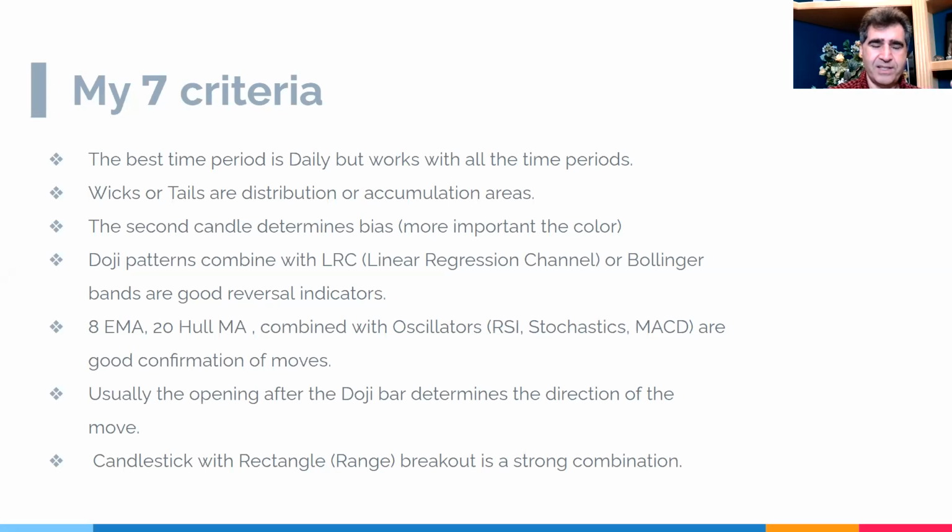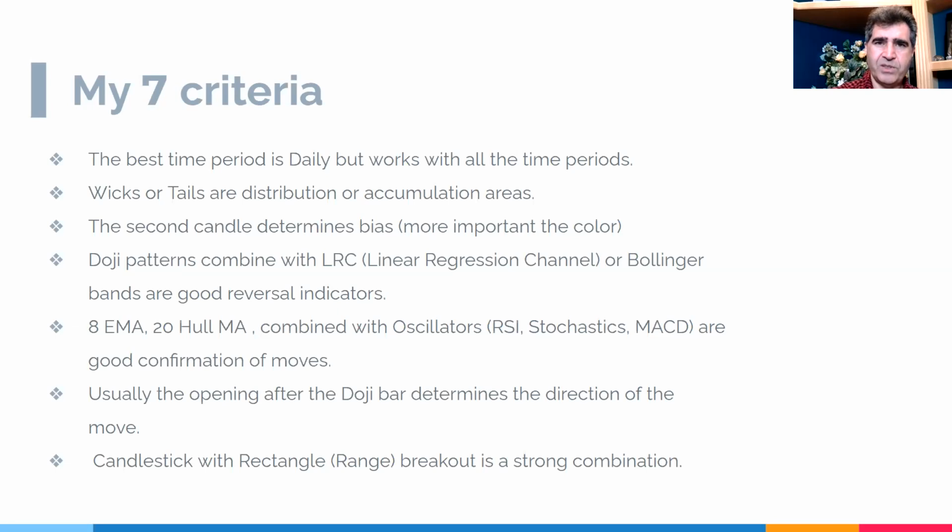Usually a tail is a rejection. But with ETFs, especially the ags and country ETFs, I used to notice that it doesn't happen often. It's just a side note. But anyway, the wicks and tails are pretty important.